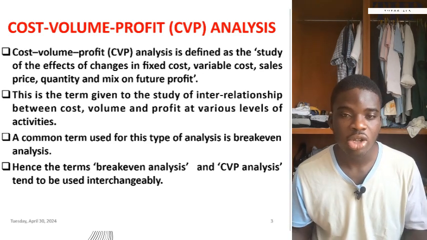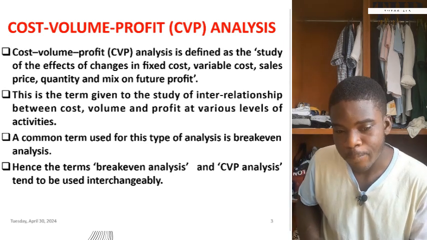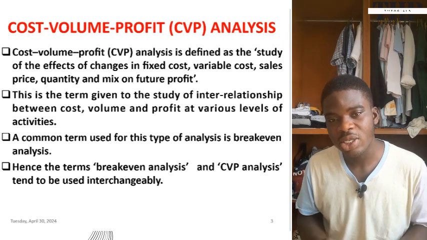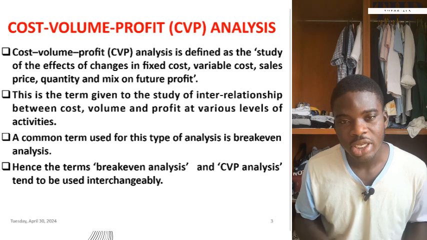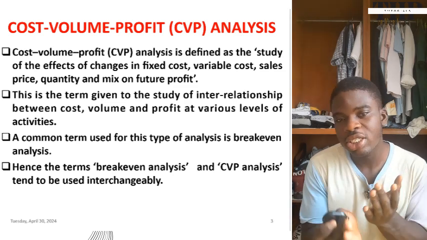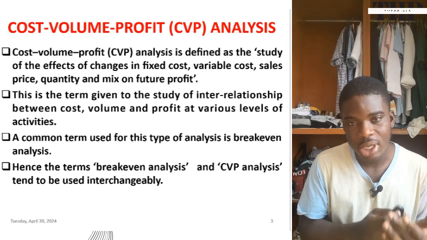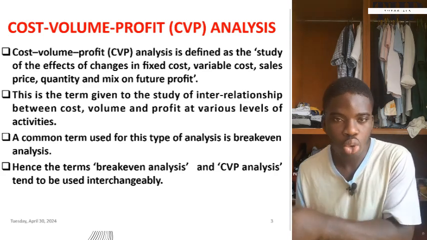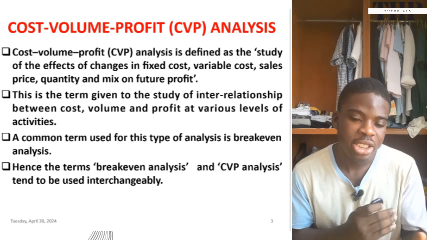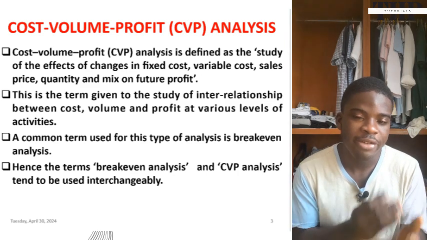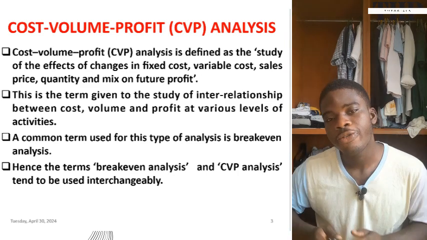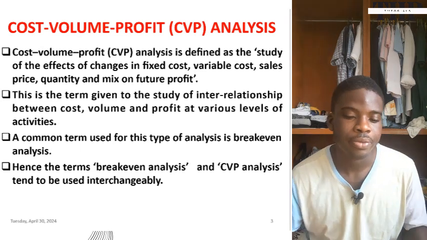So when you do CVP analysis, you're trying to study the changes in our cost, our selling price, our quantity, and our mix, and the effect the changes would have on future profits, right?